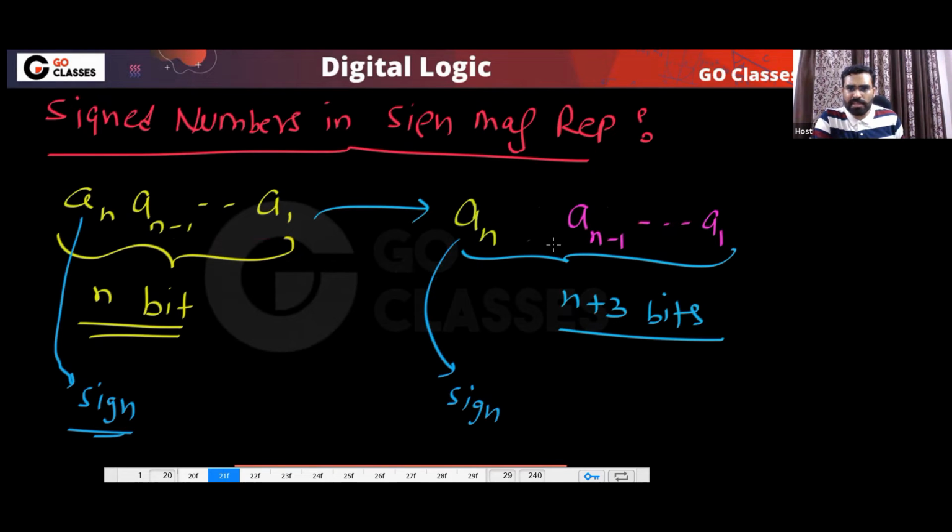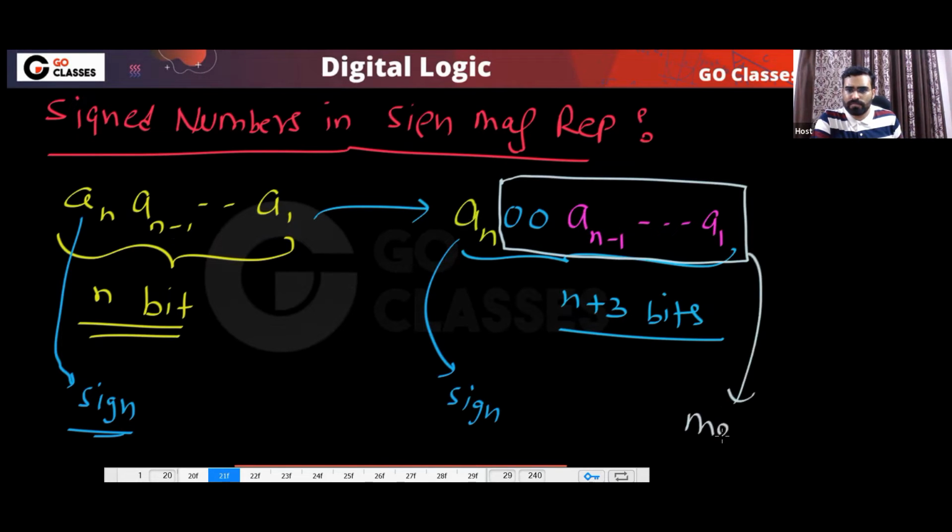Extra bits, how many extra bits do we need? Is this clear? So this will be in n plus 3 bits. You will get a_n, then the zeros, then the magnitude.